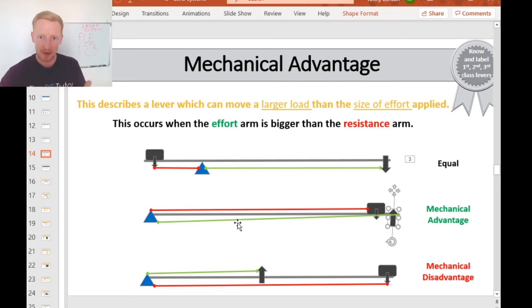And that's what mechanical advantage is. If we can use the structure to our benefit, if we can put force in and whatever that force is, move more or overcome a greater resistance because of the way the lever system is set up, it's mechanically advantaged. If it's the other way, it's mechanically disadvantaged.